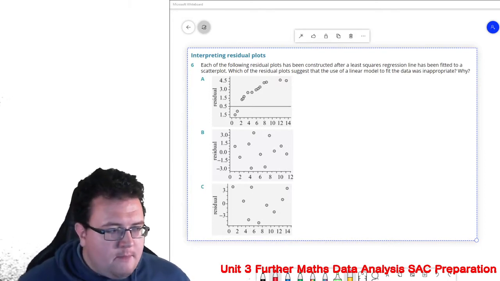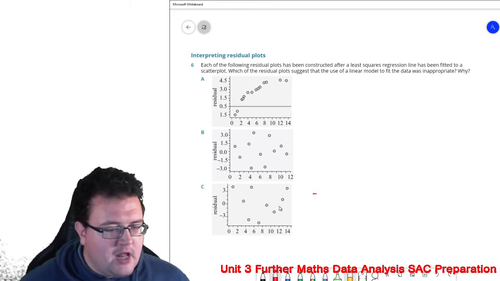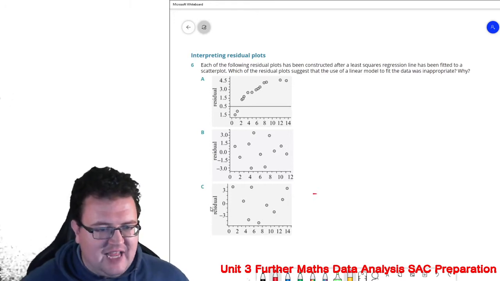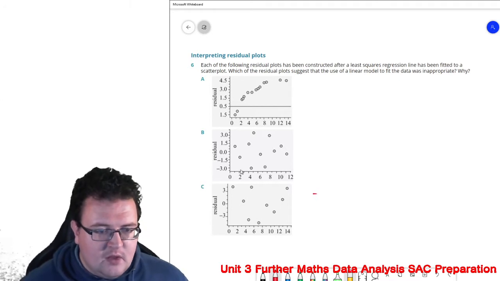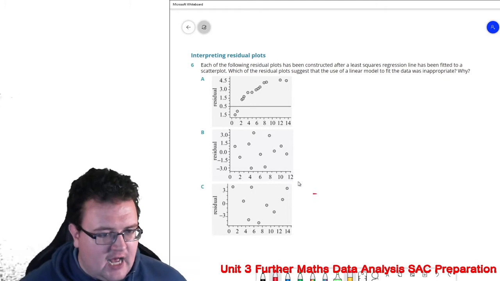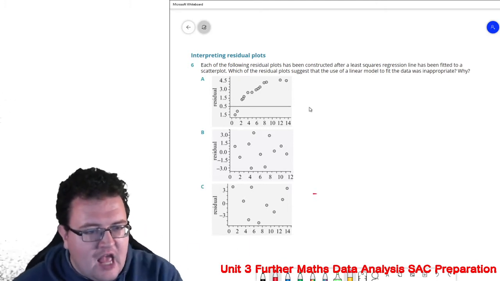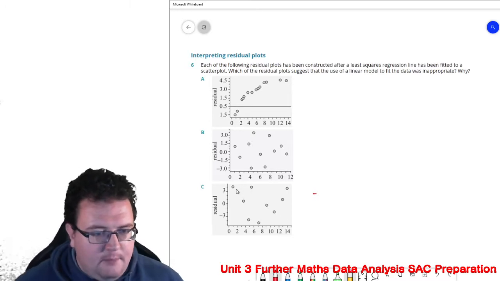No matter where I put my line on C, there is nothing that gets me a nice clean line through a lot of this stuff. Because if I try and link the data points up as I move left to right, what happens?